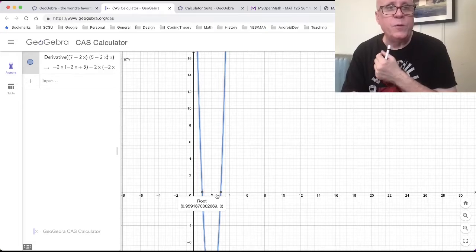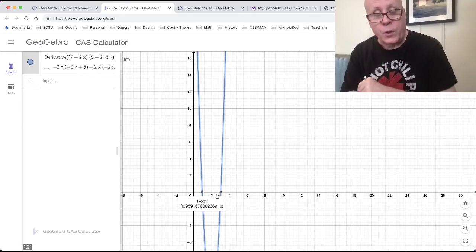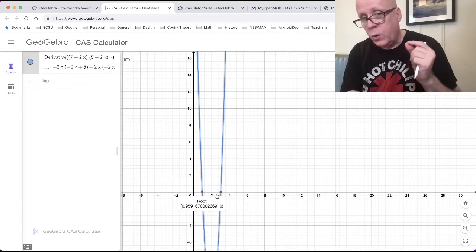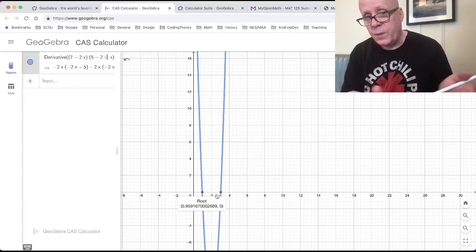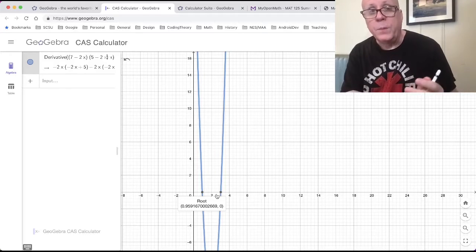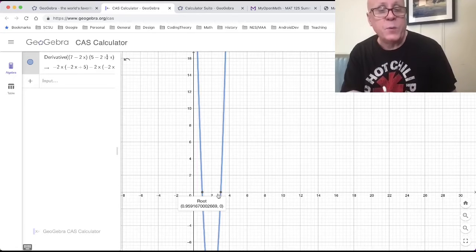That's the 0 of our derivative, which is a critical number, and in the end it turns out to be a maximum for the function. It's a local maximum if you think about the function as being defined on the entire real line. It's a global maximum if you restrict the domain to the parts that are physically meaningful between 0 and 2.5.